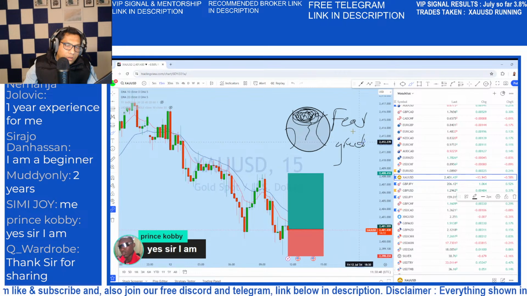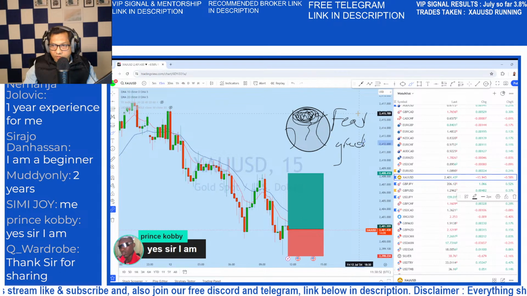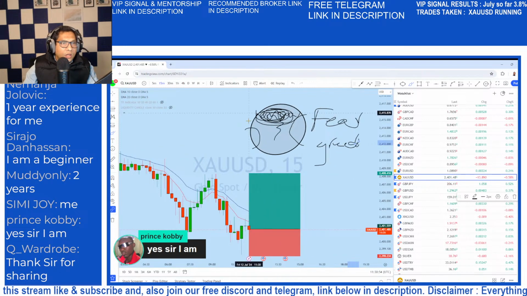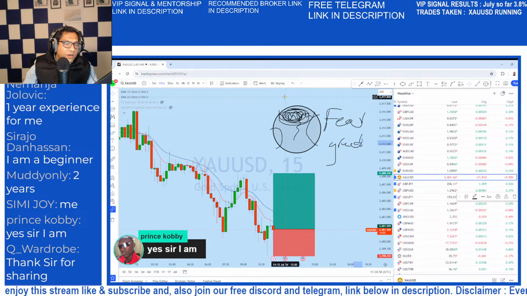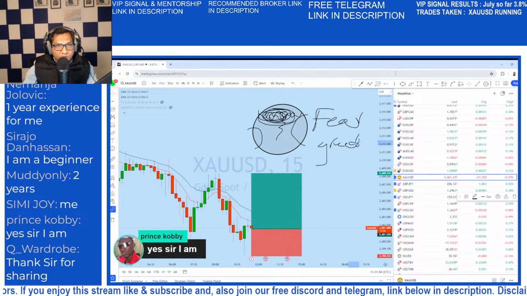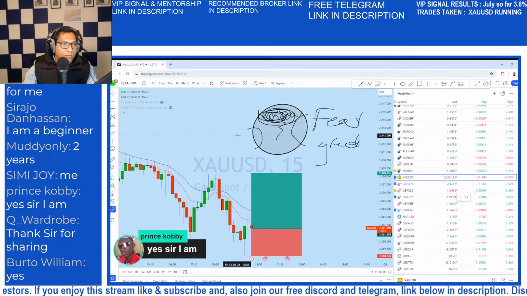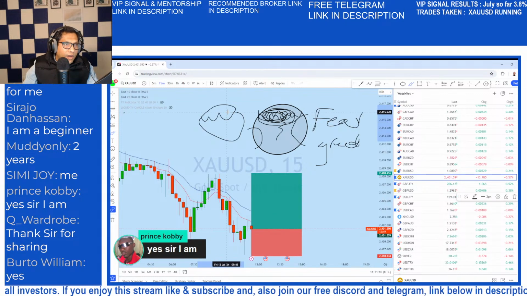So it generates that emotion of fear. Now, why the brain generates the emotion of fear is because if you go back thousands, even millions of years, our ancestors lived in caves, right?